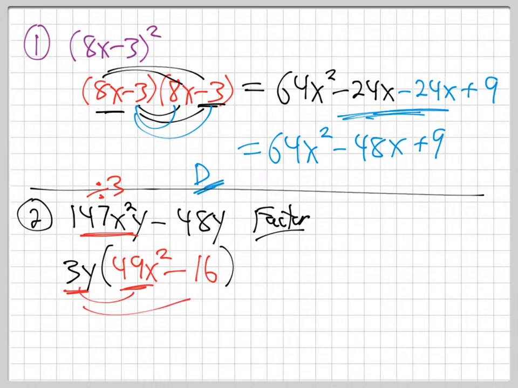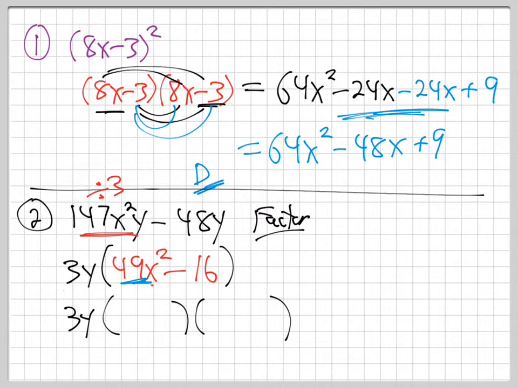Now, we can do a little bit more. If you look at the multiple choice options, you'll see there's a little bit more we can do. So what do we do now? 2 parentheses. So what multiplies to be 49x squared? What times what makes 49x squared?